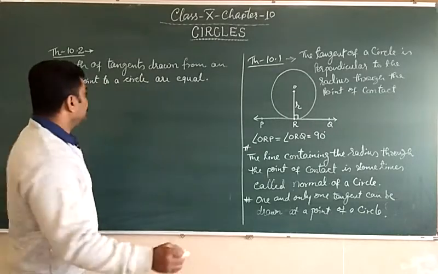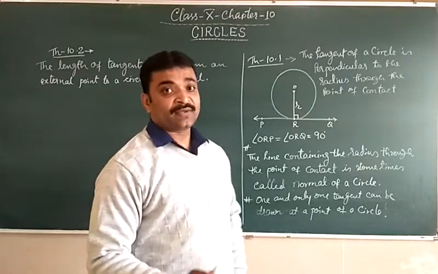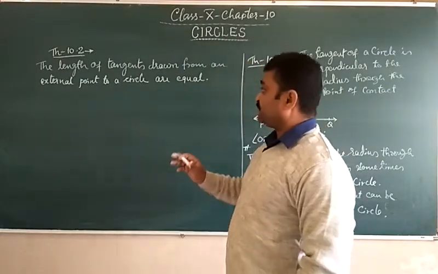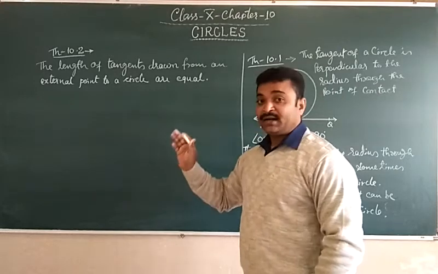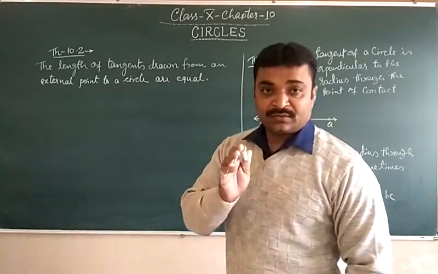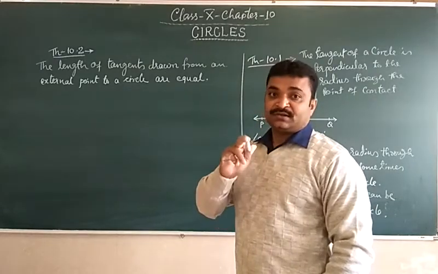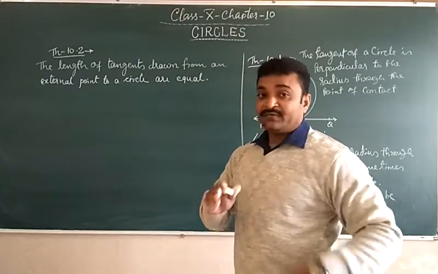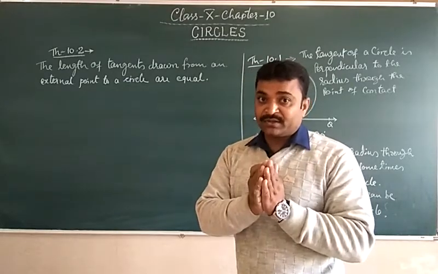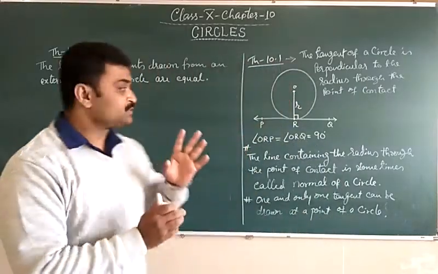In this theorem, the lengths of tangents drawn from an external point of a circle are equal. We have to prove this. I have already told that if there is an external point, from that external point we can draw two tangents, at most two tangents.